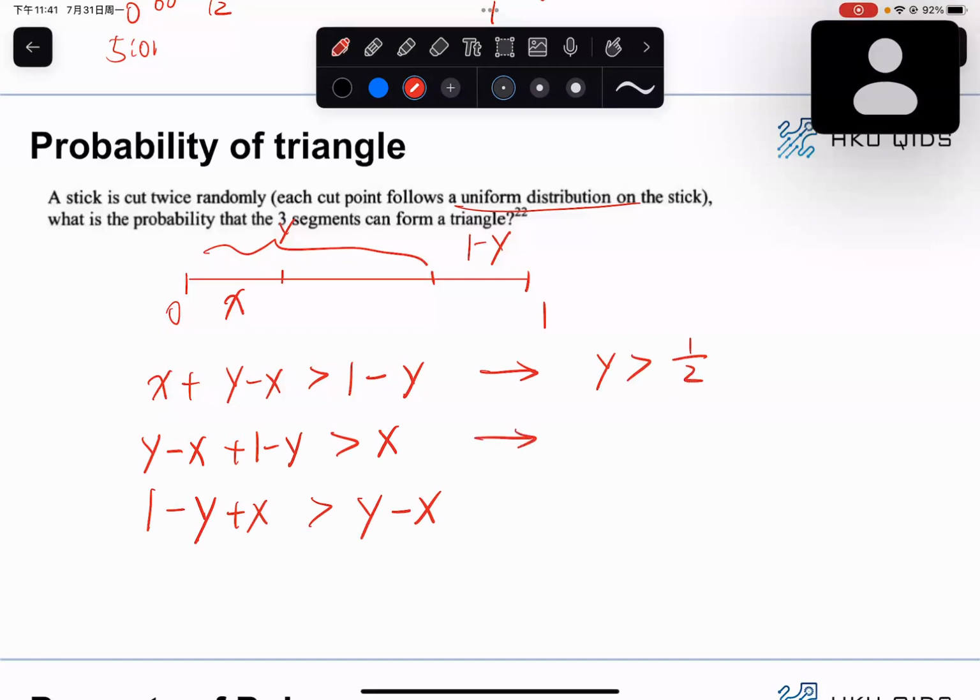And for this one, we can get X smaller than 1/2. And for this one, we can have 1/2 plus X smaller than Y, right?